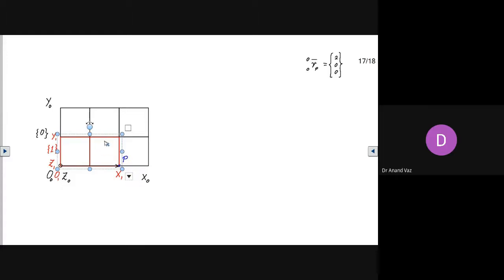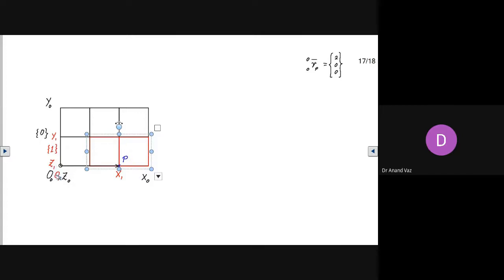So we'll move this frame. Let's say we'll just move this frame by 1 block. Just to give you an idea, shift this frame by 1 block to the right. So now what has happened?